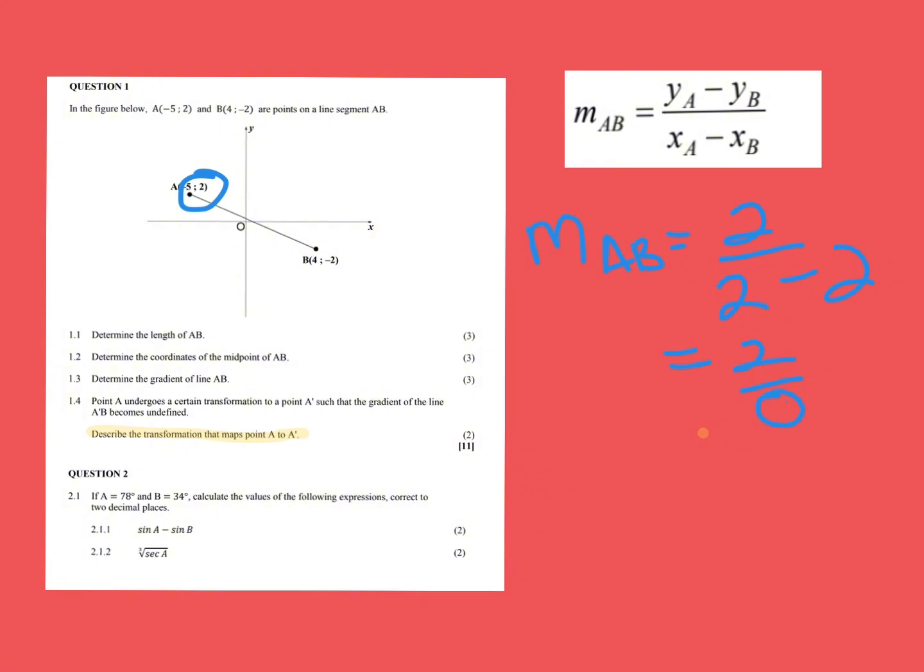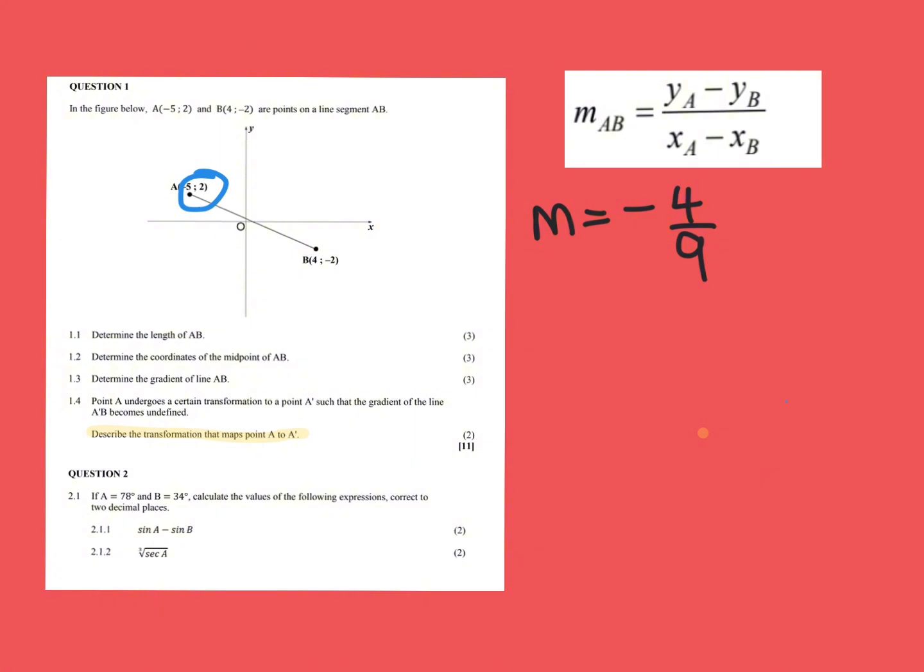So if the x coordinates at the bottom there become 0, then the gradient is undefined. Now remember from the previous question, the gradient there was negative 4 over 9.